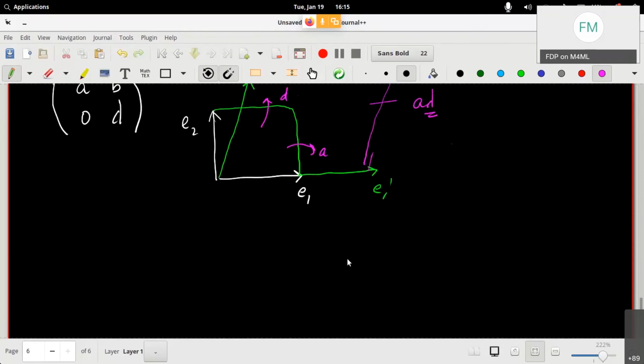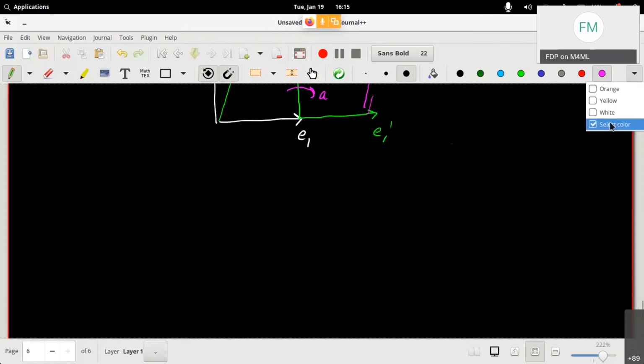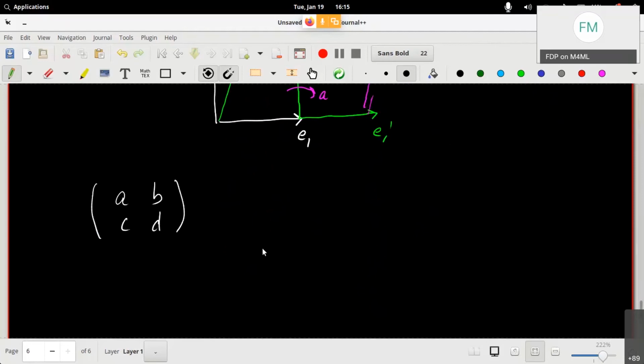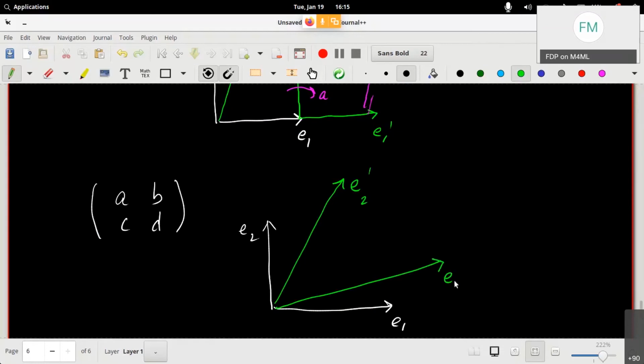So similarly, if I have a matrix that is A, B, C, and D, and I change everything, then from E1, E2, you are changing E2 here, which will be E2 prime in terms of B and D, and E1 will be changed to E1 prime here, and what I get is another space called a parallelogram.